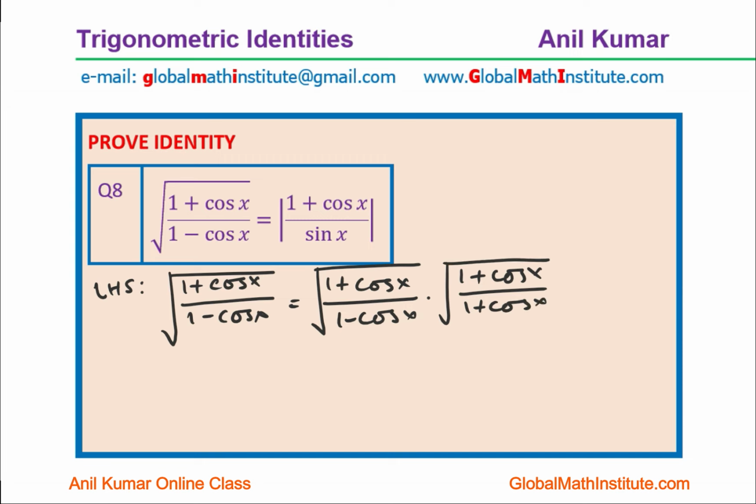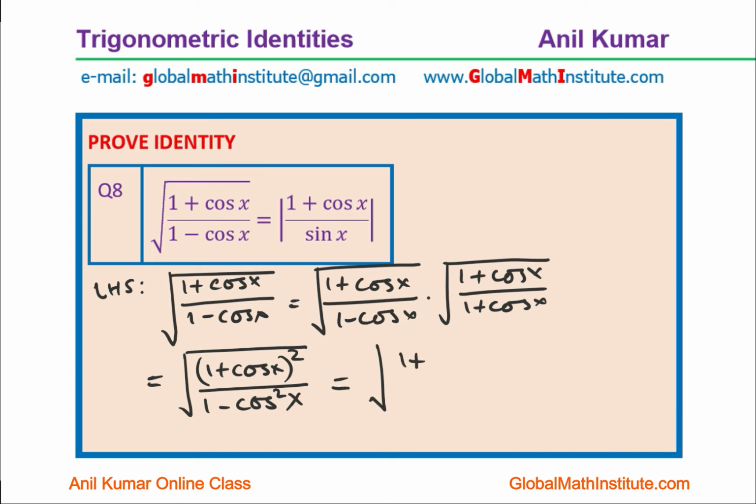Clear? So, in the numerator, we have (1 + cos x) times (1 + cos x), which becomes a square. So we have (1 + cos x) whole squared when we multiply the numerator. And in the denominator, we get a difference of squares, 1 − cos²x.